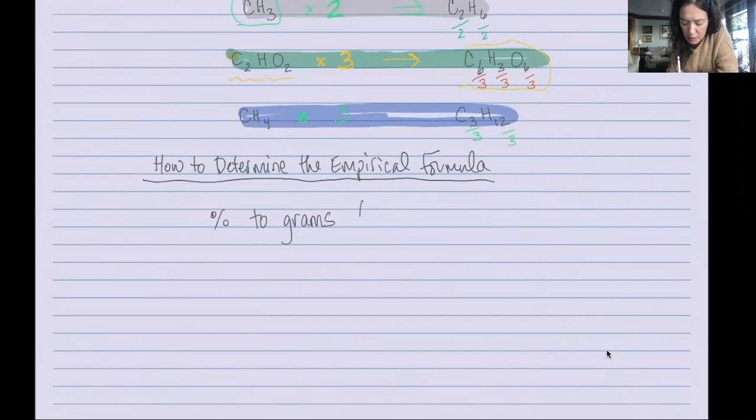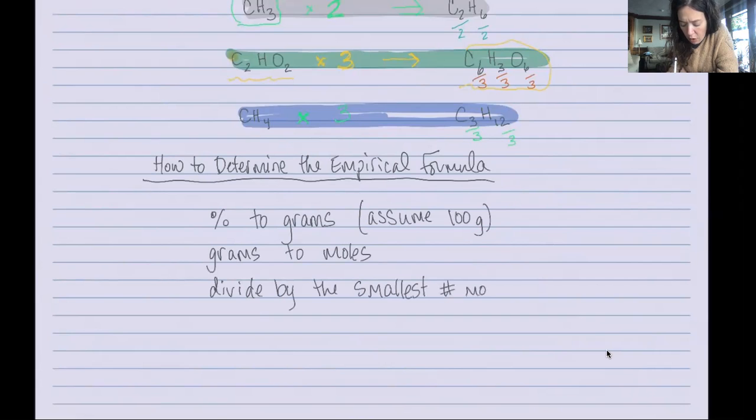And that's going to be easy because we will assume 100 grams are present. Once we get our grams, we will change our grams to moles. That's easy. We learned how to do it. You divide by the molar mass. Once we change our grams to moles, we will look at all of our answers and we will divide by the smallest. All right, smallest what? Smallest number of moles. Divide all by the smallest number of moles.